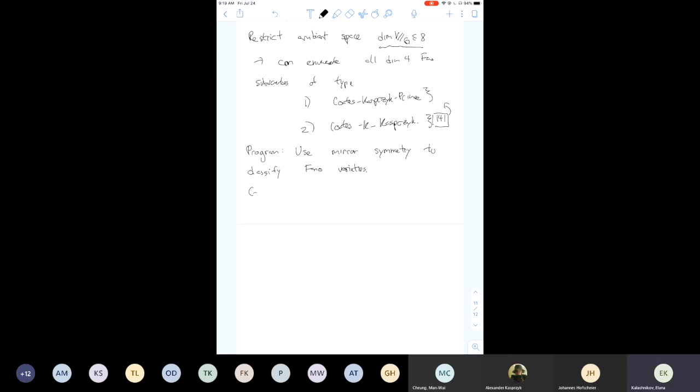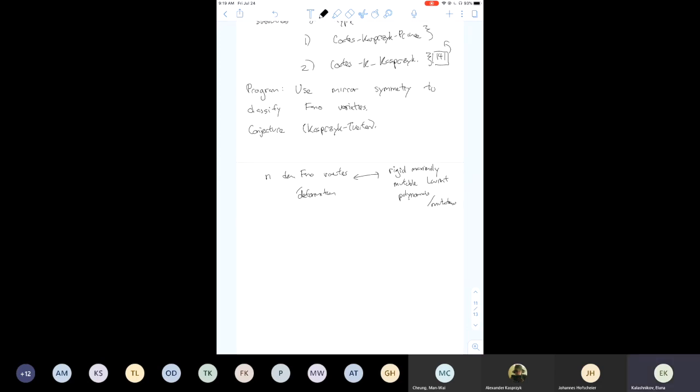And so, roughly speaking, the conjecture due to Al, whose name will keep coming up, and Tveiten, is that n-dimensional Fano varieties up to deformation should correspond to rigid, maximally mutable Laurent polynomials up to mutation. And these are Laurent polynomials in n variables.